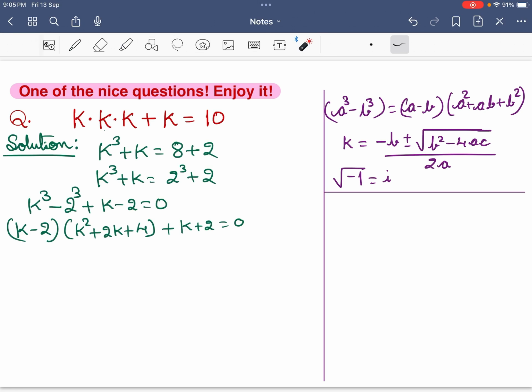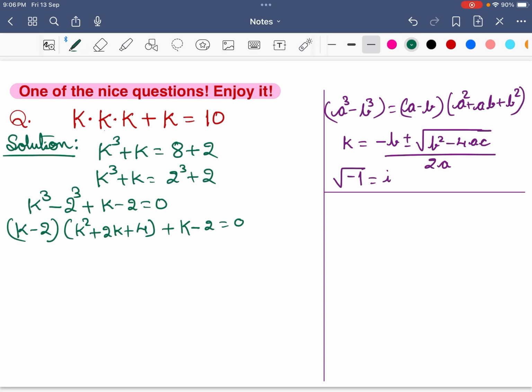Sorry, here it is not plus, it is minus, k minus 2. See, such types of mistakes are not at all allowed. Now we can see k minus 2 is there, k minus 2 is there.